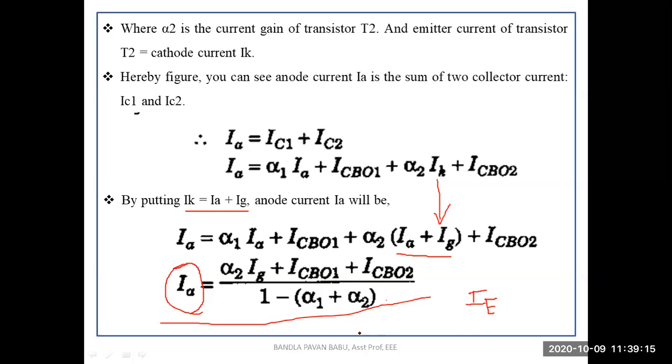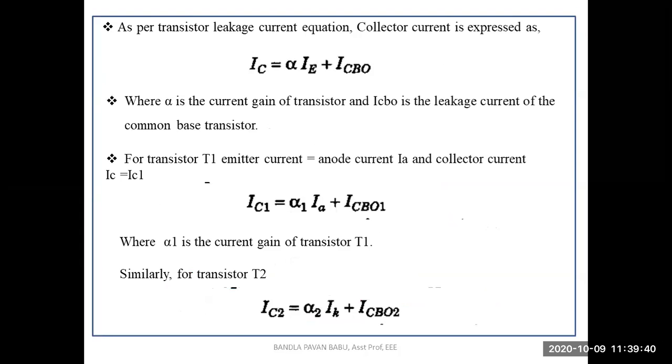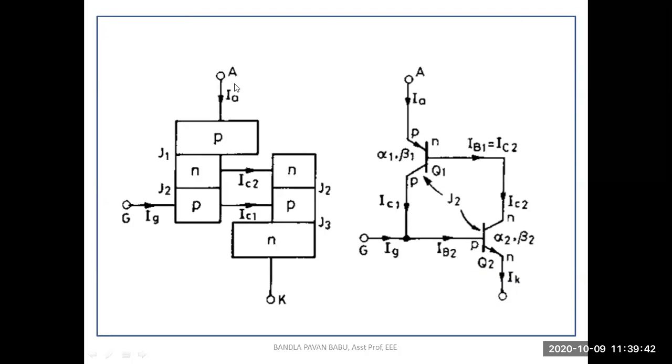If there is an increase in the gain values, obviously there will be an increase in the emitter current. This is how we control the gain value so that IA, the anode current, which is the load current, is controlled, not only in the two transistor model but of course in the SCR also. So by adjusting the gain value we can control the current in the switch.